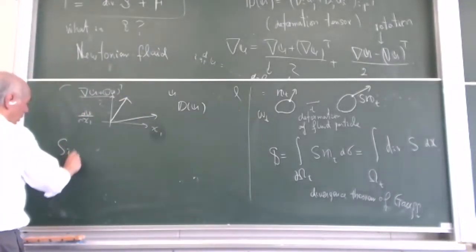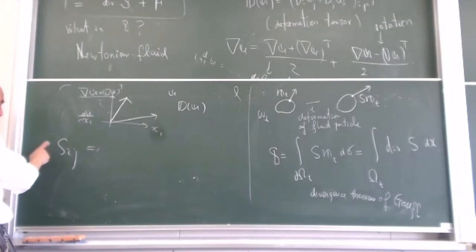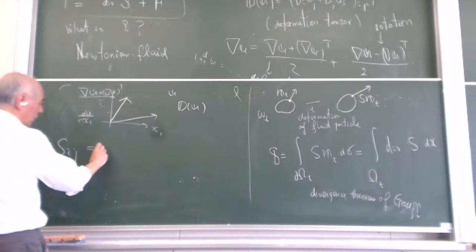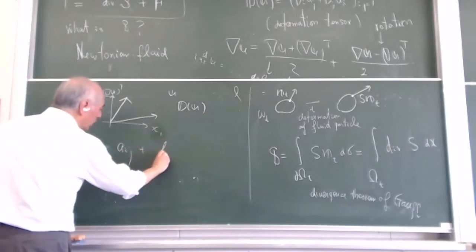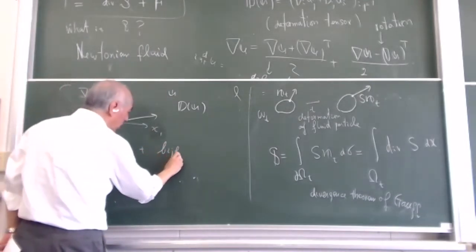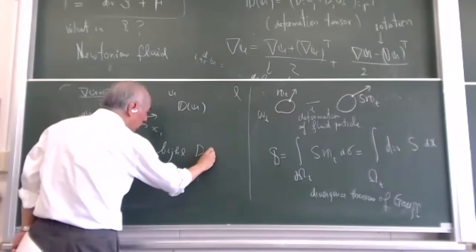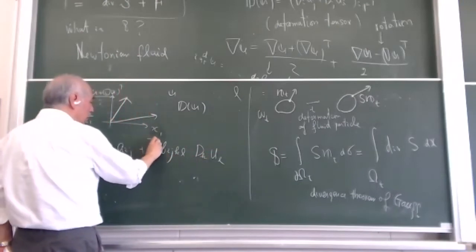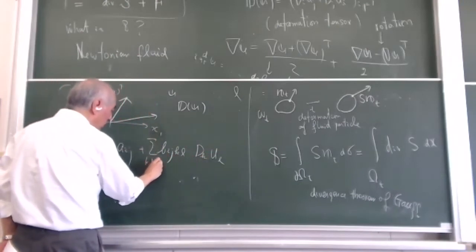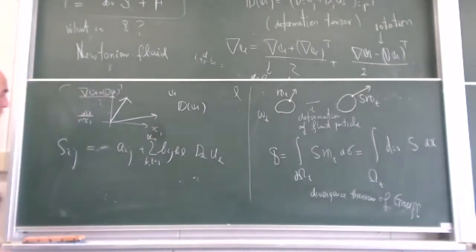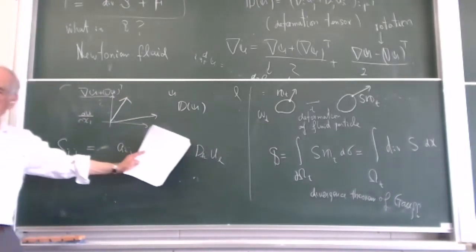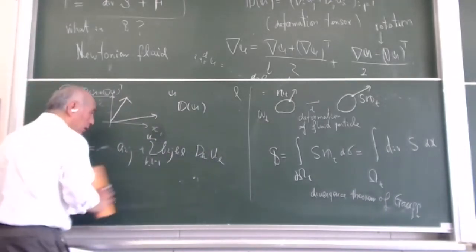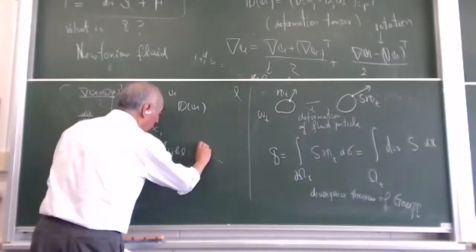Meaning the component Sij of S is linear. Therefore, Aij plus Bijkl dkul. This is the assumption: Sij is a linear function of dkul. Sorry, dkl.